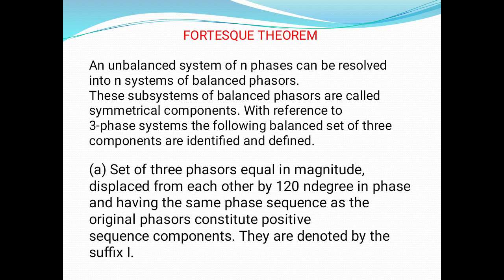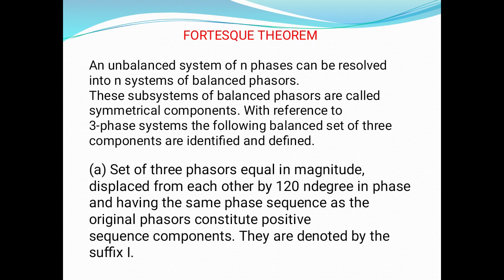But if the system is unbalanced, then the unbalanced system is resolved into n systems of balanced phases. These subsystems of balanced phases are known as symmetrical components. For an n-phase system, symmetrical components will be n. If the system is a three-phase system, then the number of sequence components will be 3.